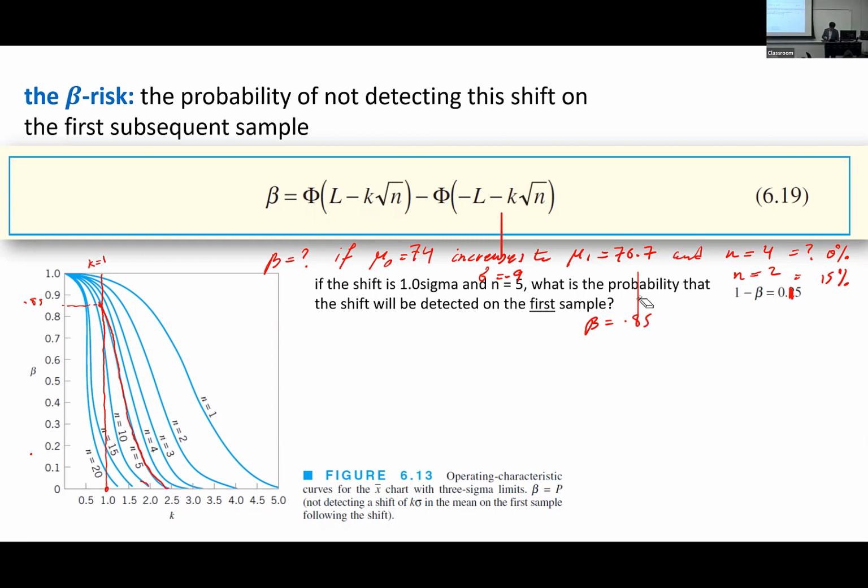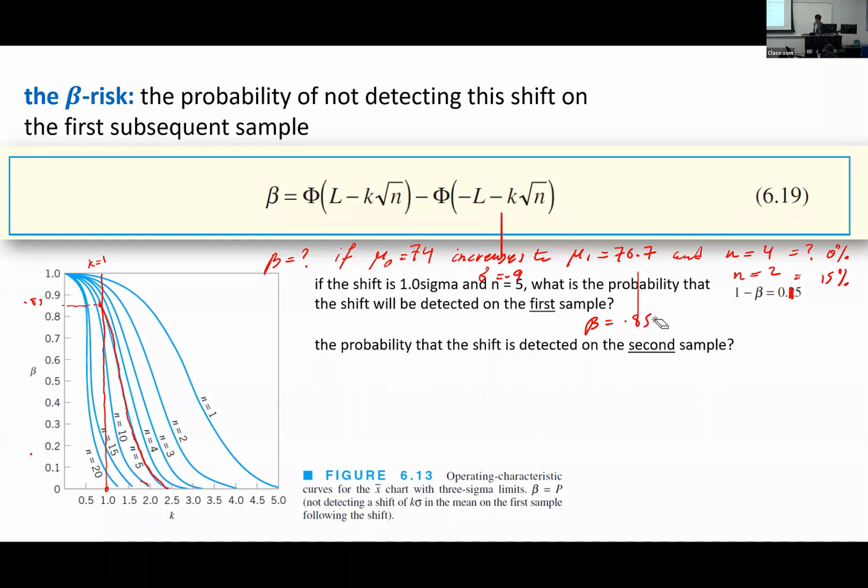Therefore, 1 minus beta is 15. There is only a 15% chance that you will take a sample, and as soon as this shift has happened, you will be able to see it. So it's risky.